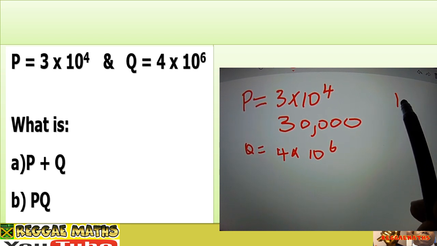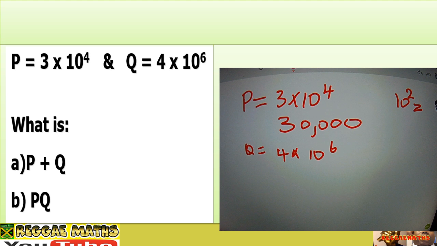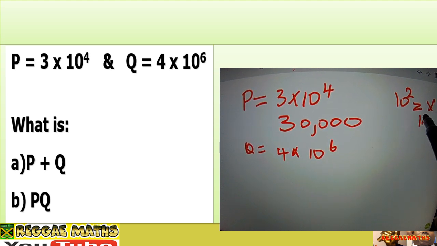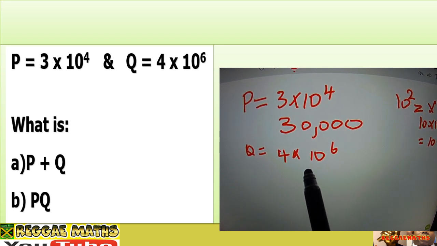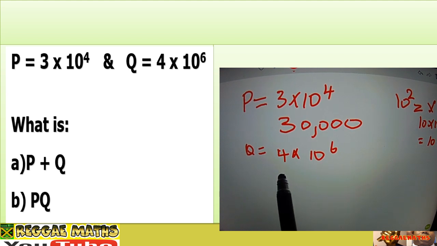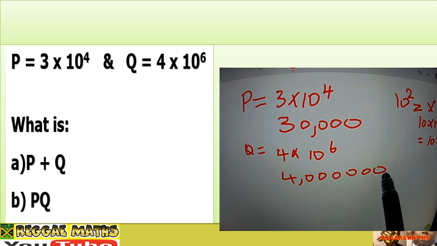So hopefully you understand that. For example, 10 squared means 10 times 10, which equals 100. So 10 to the power 6 means 10 times 10 times 10 times 10, 6 times. So it is going to be 4 million.